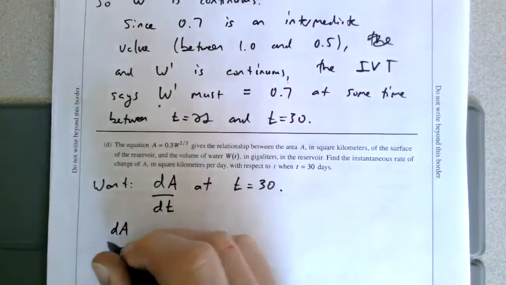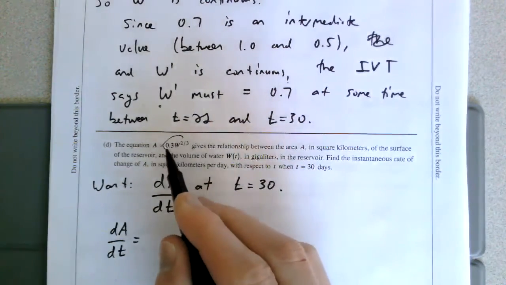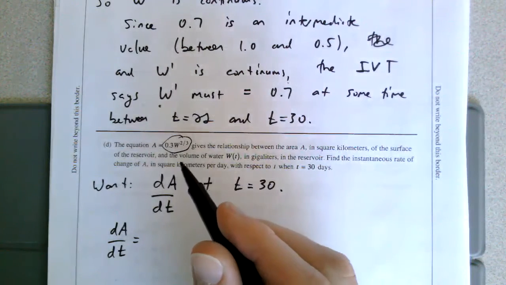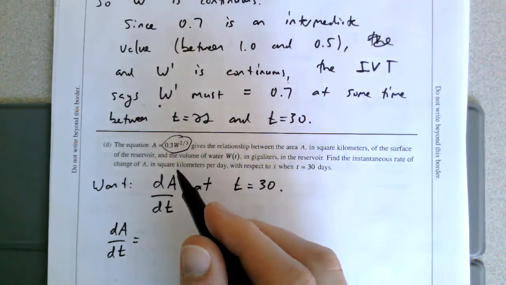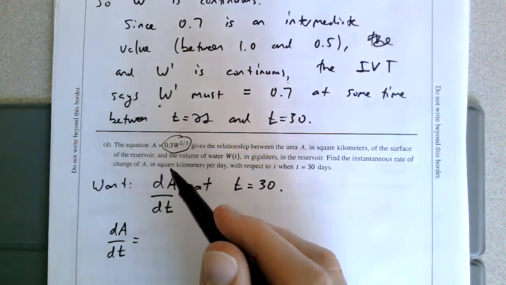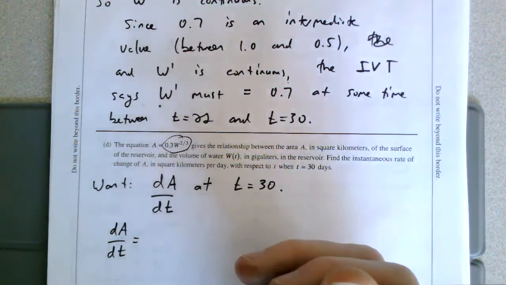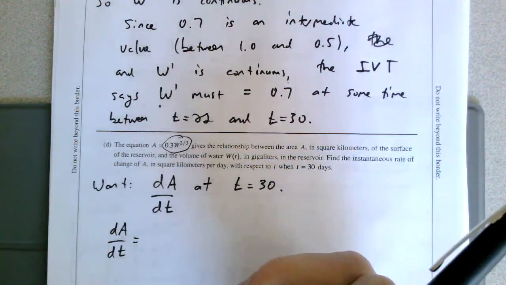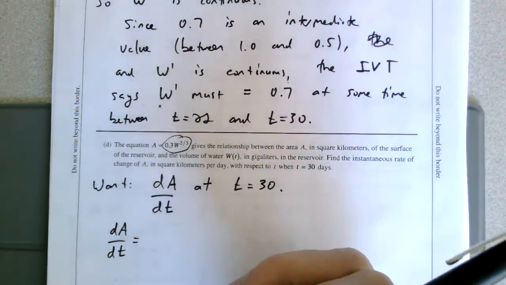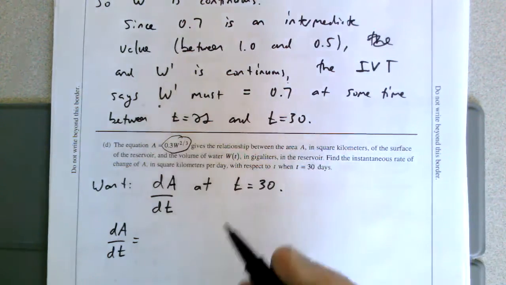If I do that, I get dA/dt equals, well, taking the time derivative of this guy, W is a function of T, and 0.3 W to the 2/3 is a function of W. So really the right-hand side is a function of T, which means you're going to have to use the chain rule. The outside function, I would say, is 0.3 blank to the 2/3.